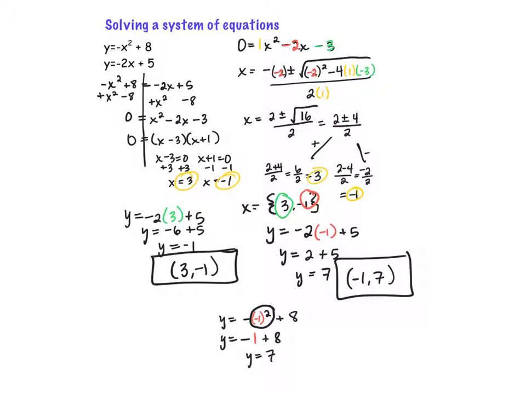If you have a vertex form one, you have to multiply it out and get it in standard form. Once they're in standard form, that's when you set them equal to each other, and solve for x using either of these methods, factoring or quadratic formula. And then once you have your x's, you have to solve for y. So this is a many step process, and we covered a lot in this video. I hope it helps.